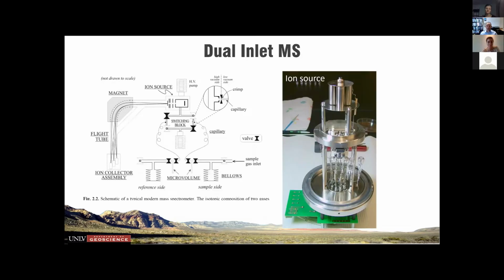Okay, there are a couple of different ways of measuring the stable isotopes. Typically with carbonates, we're either going to be using dual inlet or a continuous flow. But the basic idea behind dual inlet mass spectrometry is you take your carbonate sample, dissolve it in an acid, and that acid will produce CO2 vapor and water. You separate out the water by freezing it, and then you essentially are purifying the carbon dioxide, and that carbon dioxide can then be transferred into the mass spectrometer.